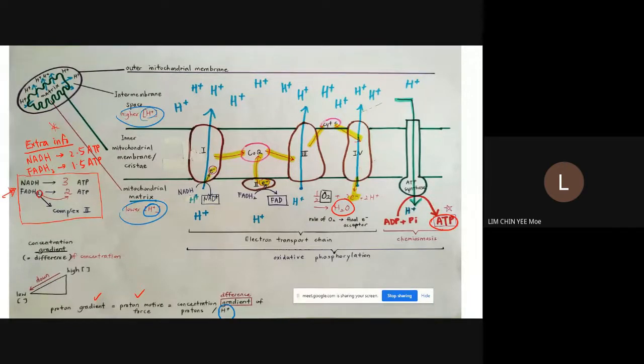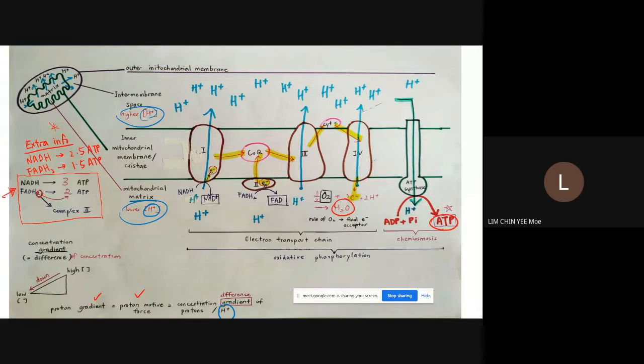Itulah kenapa Miss cakap I tak suka soalan ini sebab what will be produced when electron is transport? I feel like it's just water. Kalau dia tak cakap dia ada chemiosmosis. But if it says and continue with and follow by chemiosmosis, then I will consider ATP.